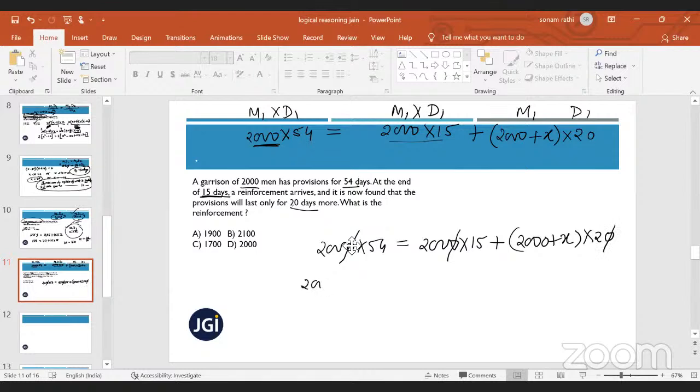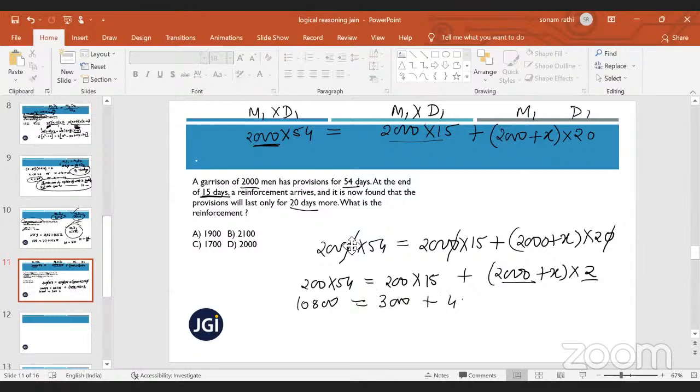So 200 into 54 is equals to 200 into 15 plus 2000 plus X into 2. 200 into 54, 10,800 is equals to 200 into 15, 3,000 plus 2,000 into 2, 4,000 plus 2x.